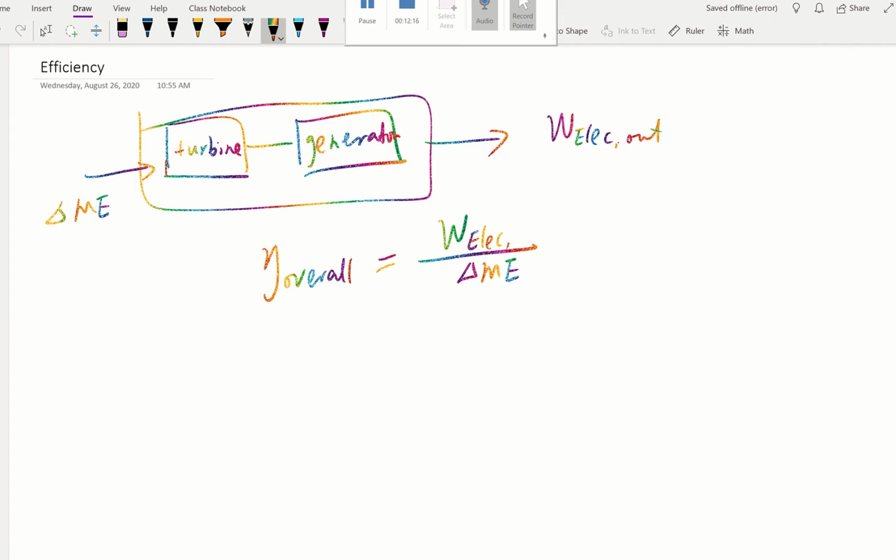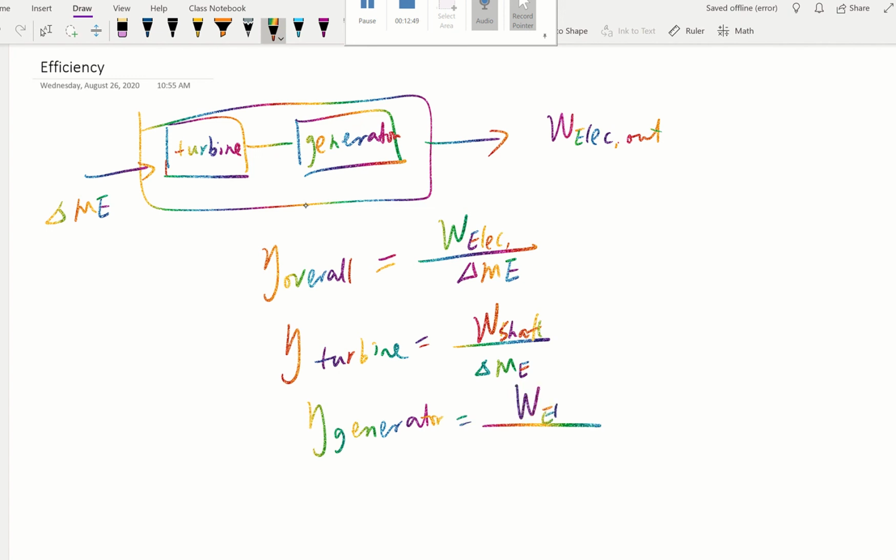However, what we're about to discuss here is a different formula. For the turbine, the efficiency is the mechanical energy, the shaft that's turning, and in order to do that, we need a mechanical energy decrease of the fluid. Then the generator itself has an efficiency of electrical output, which is desired, and in order to do that, we need a shaft that's turning inside.